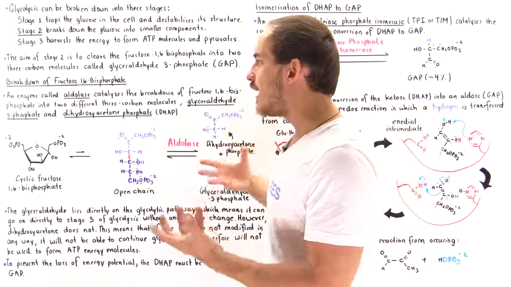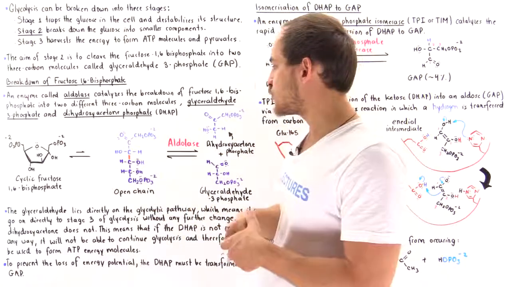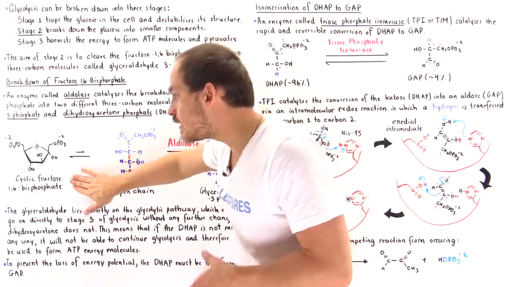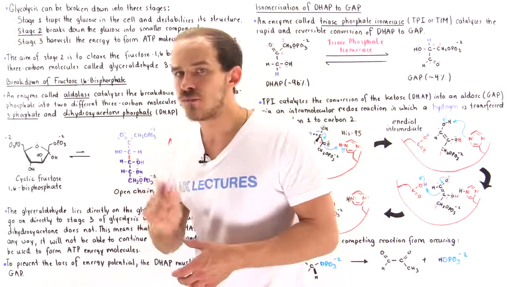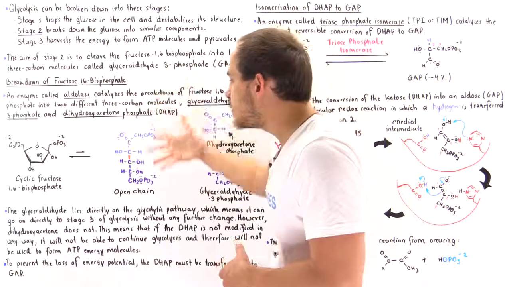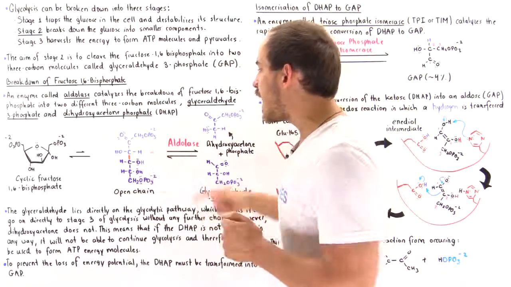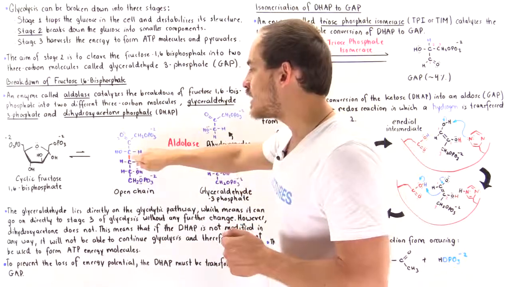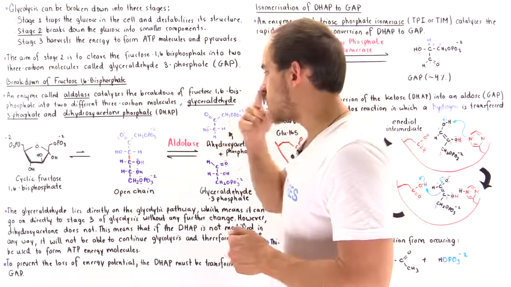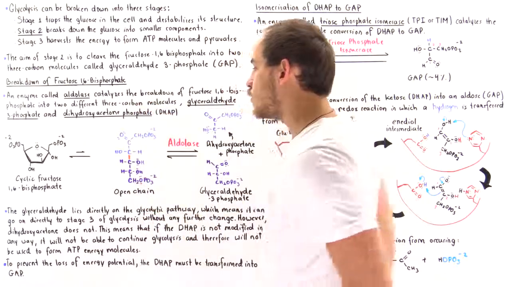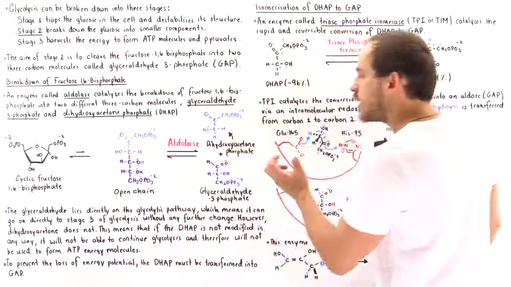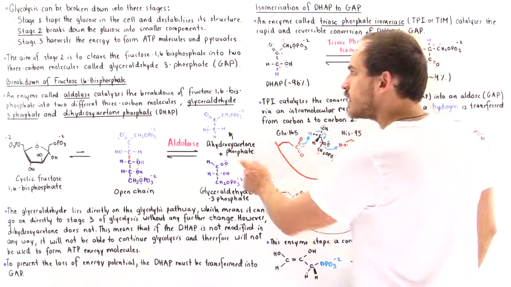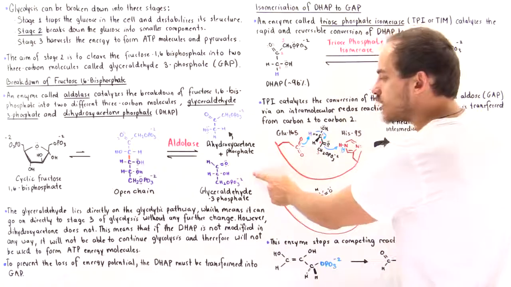Now, before the aldolase can actually catalyze this reaction, this cyclic fructose must be transformed into its open chain counterpart. That's because this is the form that will allow the aldolase to actually get to this bond and cleave that bond. Notice this molecule is color-coded. The purple region is what eventually becomes this product here, the glyceraldehyde 3-phosphate.